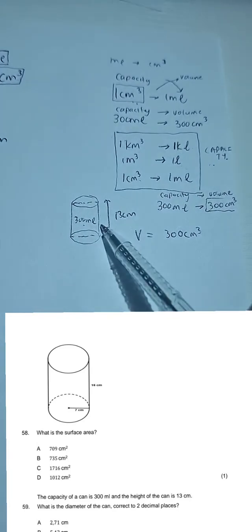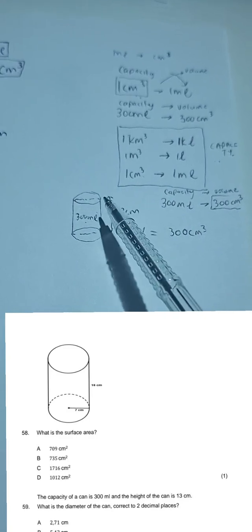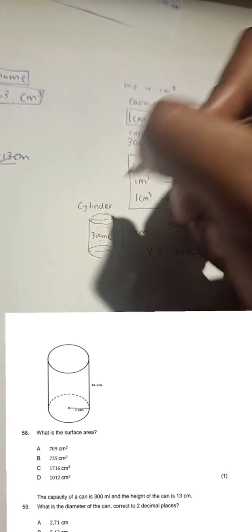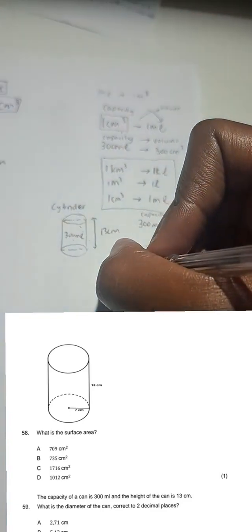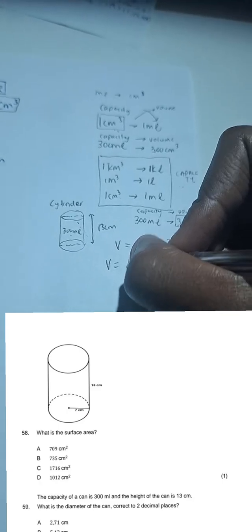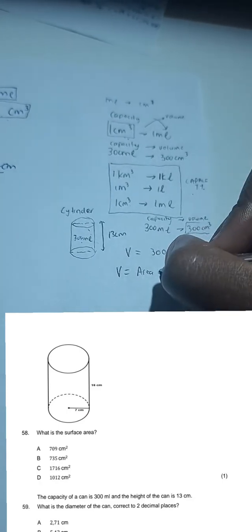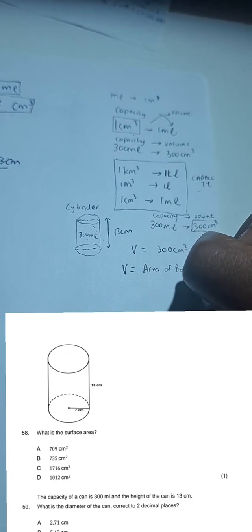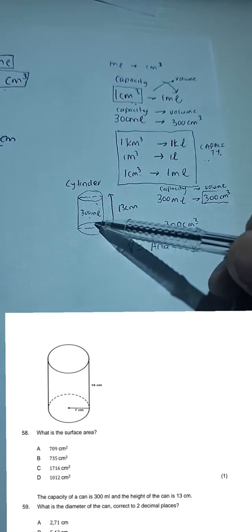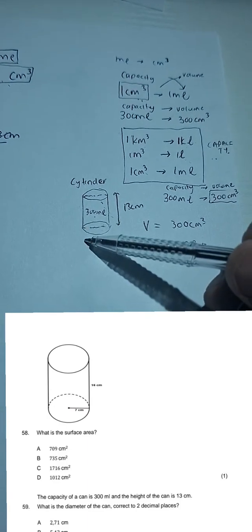But since it's a can, what sort of prism are we dealing with here? We are dealing with a cylinder. Now, the volume of any prism, guys, will be the area of the base. By the base, we mean that circle at the bottom.